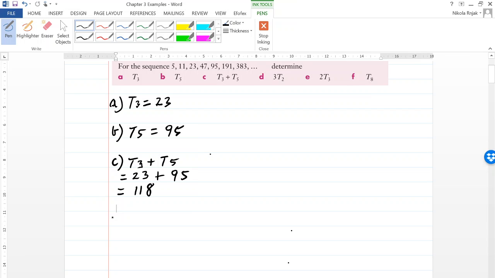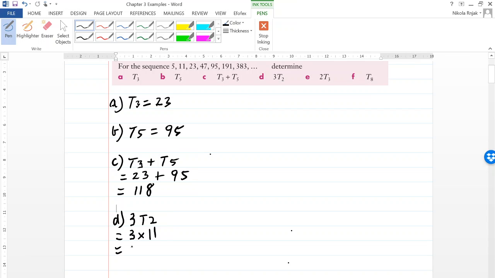Let's do question D. We've got 3 lots of term 2. So when you see something like this, it means 3 times term 2. So in our case, it's going to be 3 times term 2, which is 11.